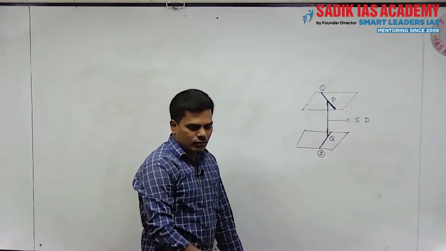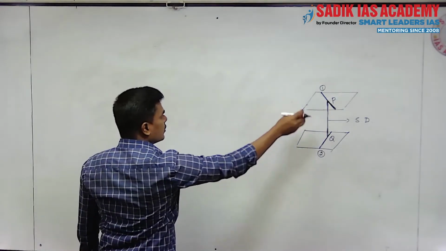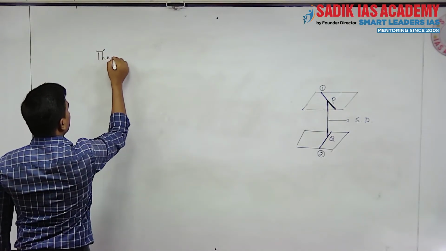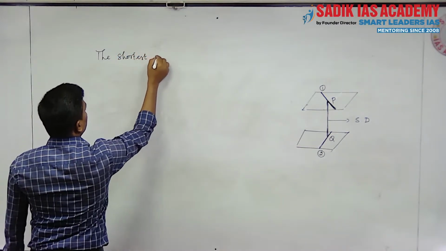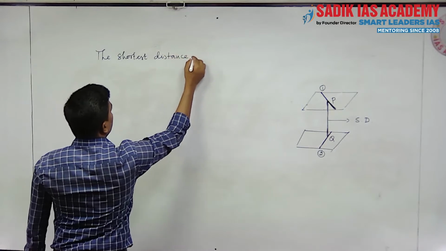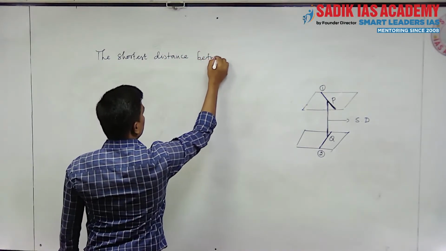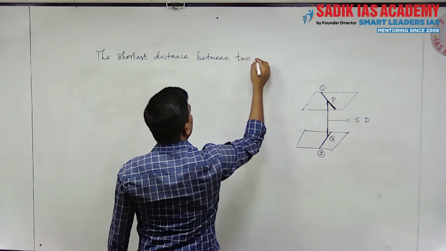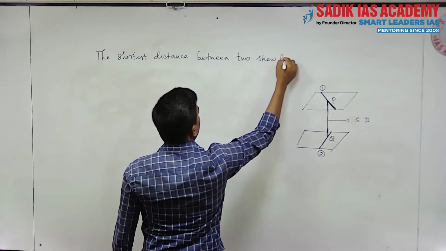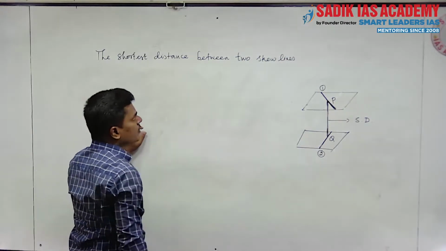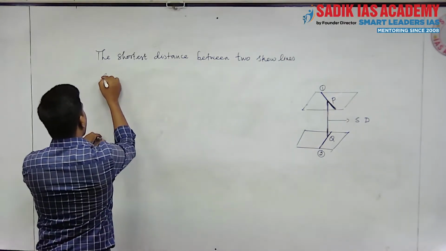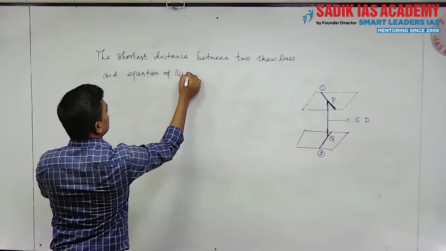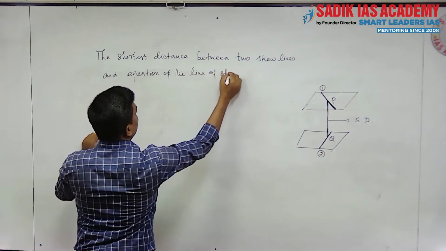So, 2 concepts we will be discussing: the shortest distance between 2 skew lines, and the equation of the line of shortest distance.